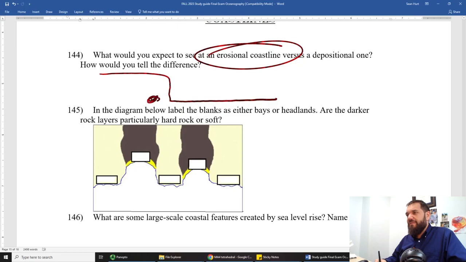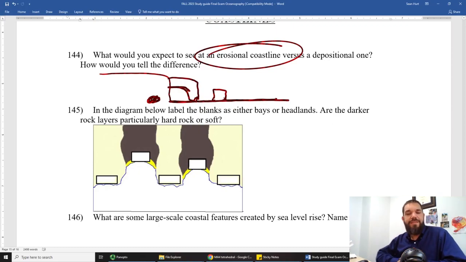It's very common to have sea caves, and then you'll often have a sea arch like this, and then a collapsed sea arch out here that's called a stack. You have a wave-cut platform like this that creates tidal pools and things like that. Those are all really common aspects of an erosional coastline.